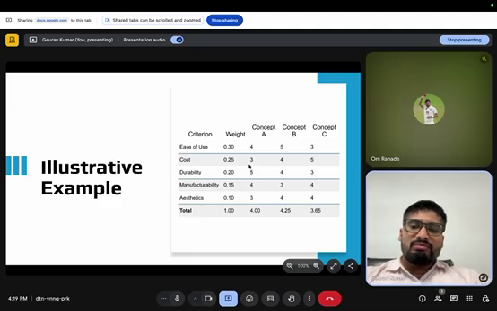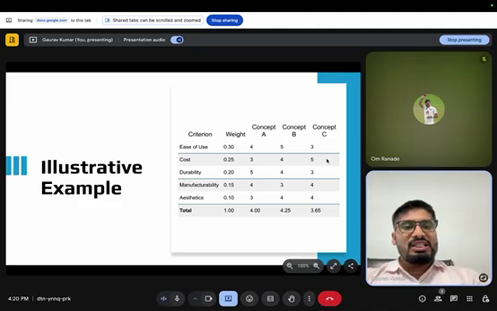So in the provided table, concept B attains the highest total score of 4.25, indicating superior overall performance. So concept A, though strong in durability, lacks slightly in cost and aesthetics.